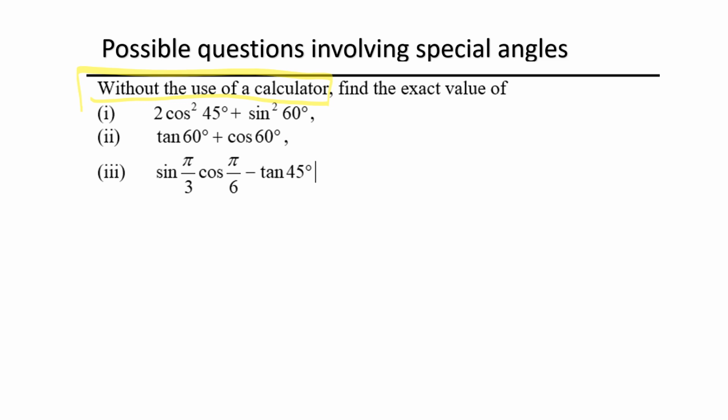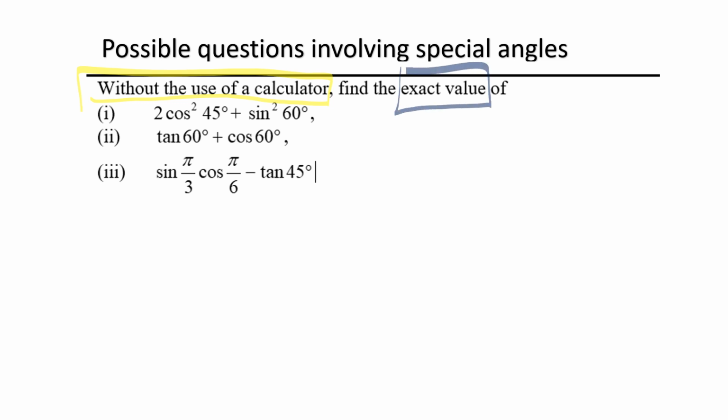It means you can't use a calculator to punch in 2 cosine squared 45 degrees plus sine squared 60. You can't use a calculator to work this out, because the answer you get may not be exact. There will be a lot of decimal places, and this is not what they are interested in. They are interested in getting the exact value.